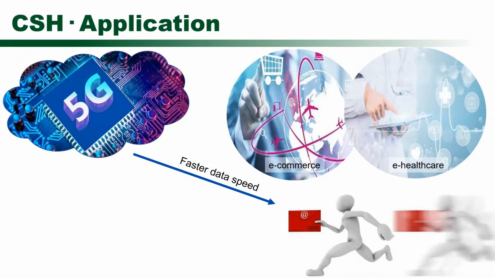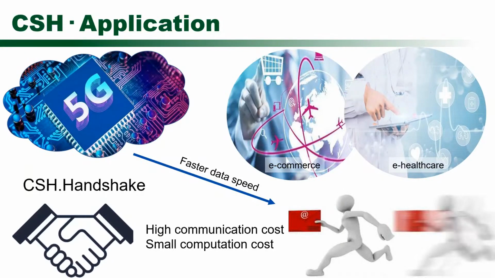In this context, the communication cost is no longer the key factor restricting the application of secret handshake. Since the add member step has been finished before a handshake is requested, we can mainly consider the cost of the handshake step in actual use. Thus, CSH is a protocol with a high communication cost but small computation cost.